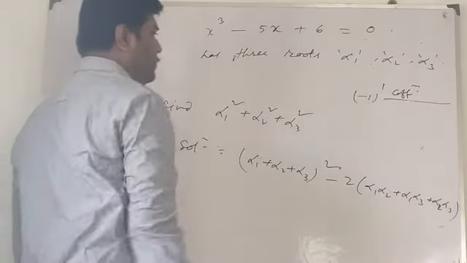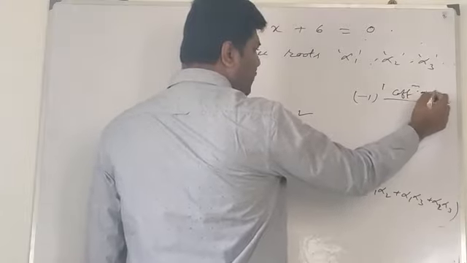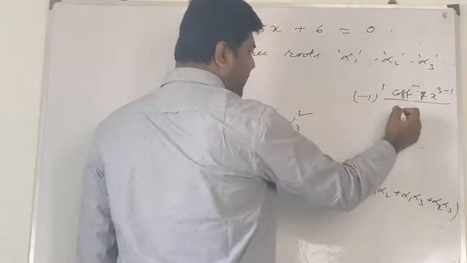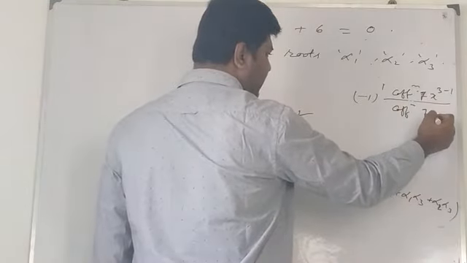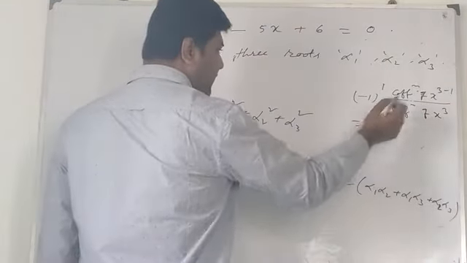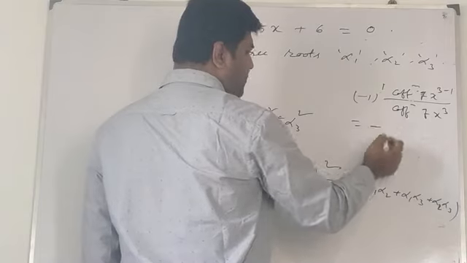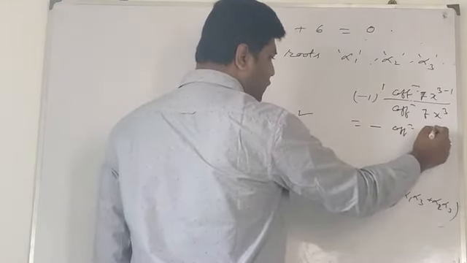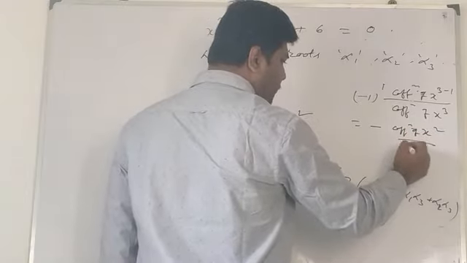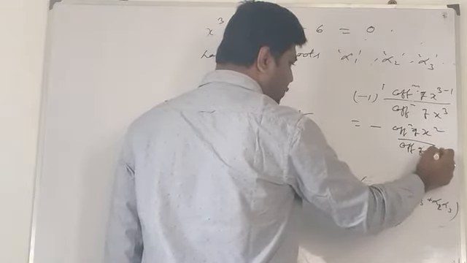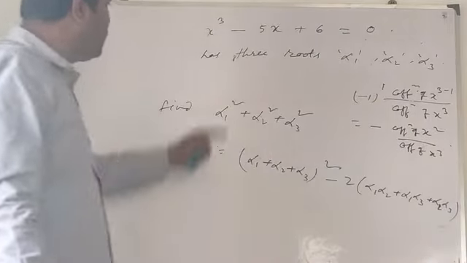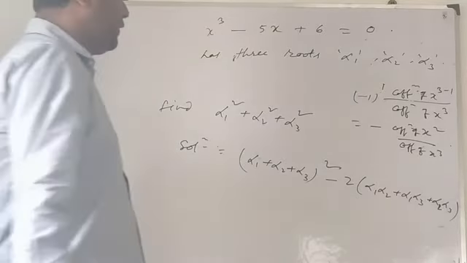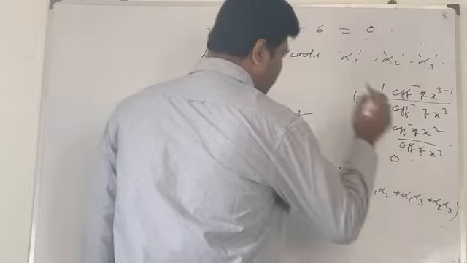N is 3. So it will be coefficient of x to the power 3 minus 1 divided by coefficient of x to the power 3. Here it becomes minus, and it is coefficient of x square by coefficient of x cube. Now see here, there is no term of x square, means its coefficient is equal to 0. So it will be equal to 0.